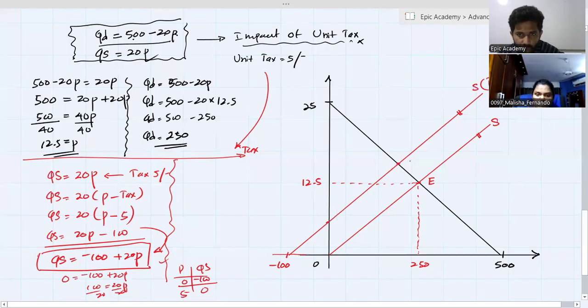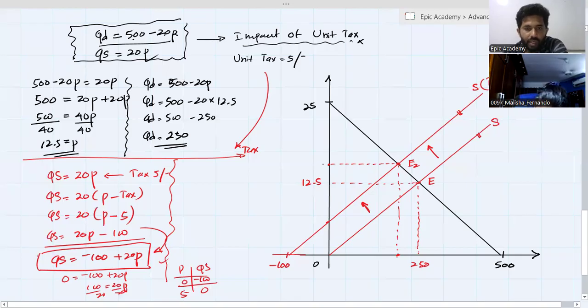So this is equilibrium point number 2 after tax. We have to show that because of tax, the supply curve shifts upward. That is why I've used an arrow to show the shift of the supply curve. So this is the new equilibrium price and this is the new equilibrium quantity.